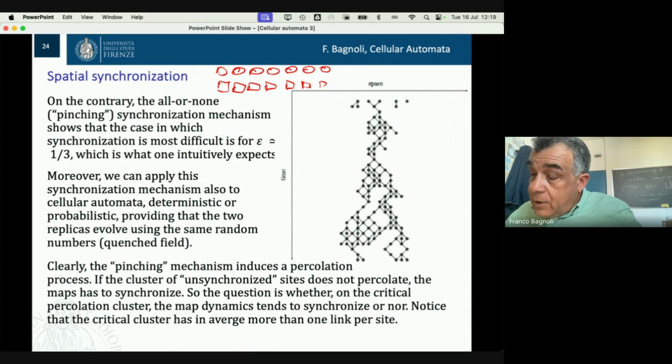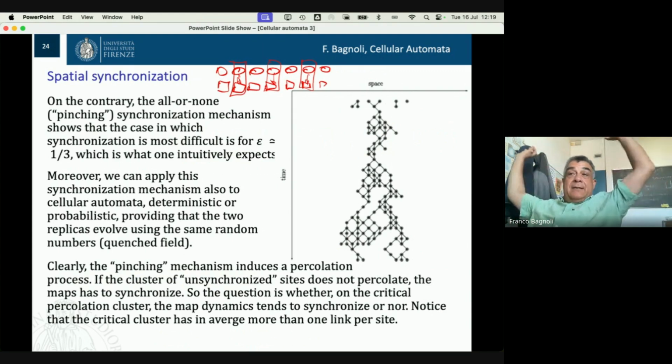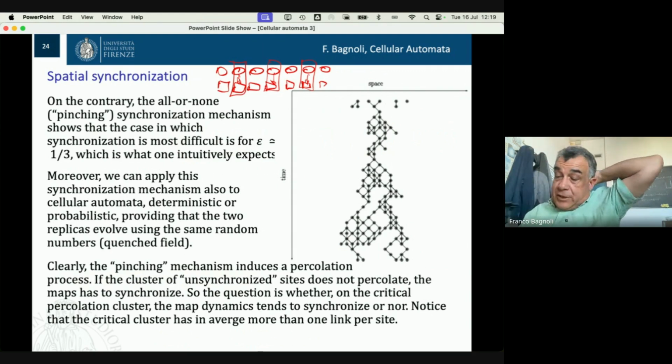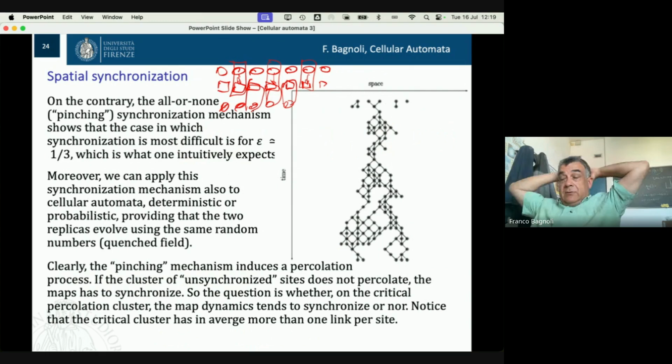In this one, you choose a fraction P of sites, and you synchronize this fraction completely while leaving all the rest alone. In the next time step, you find another fraction of sites, which could be the same or others, and you synchronize this and leave the others alone, and so on.